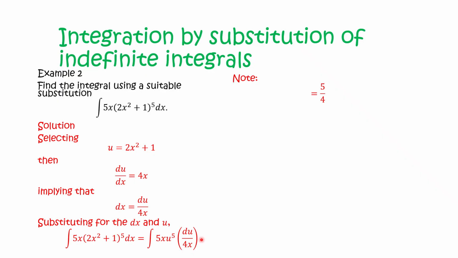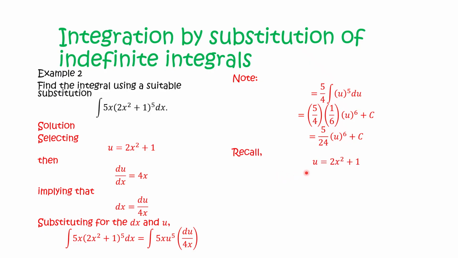So once that happens, simplifying, we're going to have 5 over 4, since this is a constant, times the integral of u to the power 5 du. Simplify further, we are going to have 5 over 4 times 1 over 6 times u to the 6 plus c. Then we would have 5 over 24 u to the 6 plus c.